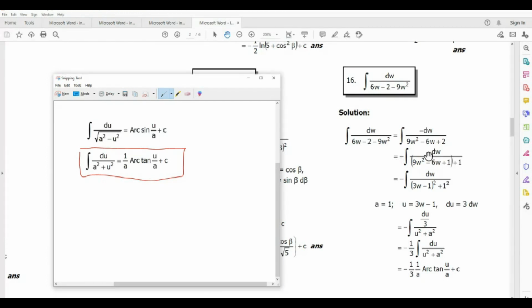Then nilabas yung negative, tapos ito, ginawang perfect square. Then plus 1 nito, magiging 3w minus 1 square. So mamaya, re-recall ko yung procedure paano pag perfect square.